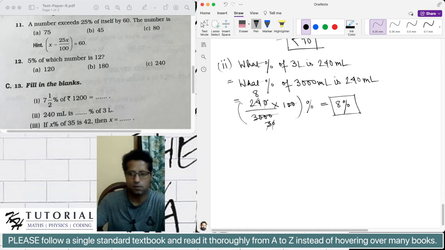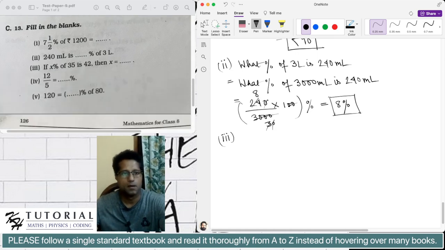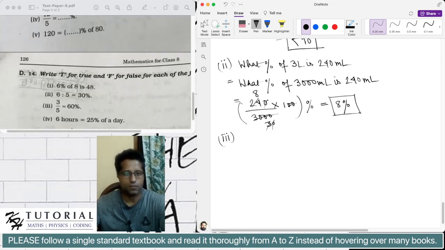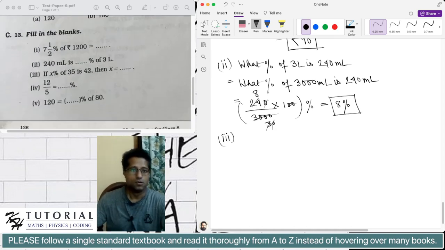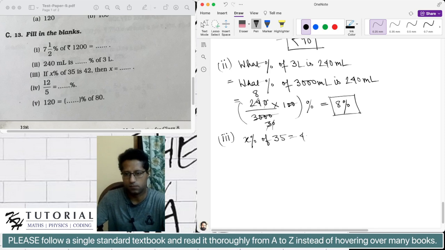Okay, let's do part 3. Oh, we also have section D, true false. Okay. So part 3, it is given if x percent of 35 is 42, then we have to find x. It is given that x percent of 35 is equal to 42.